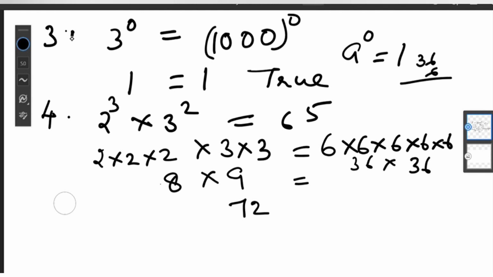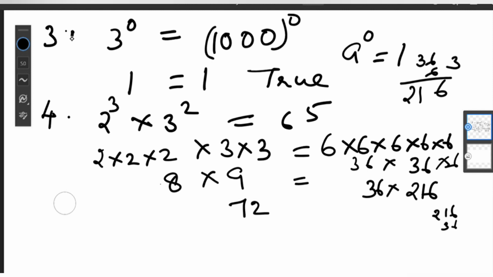Then 6 multiplied how many times? 6 is multiplied 5 times. 6 into 6 is 36. Again 36 into 6, 6 into 6 is 36, 6 into 3 is 18 plus 3 is 21, so 216.